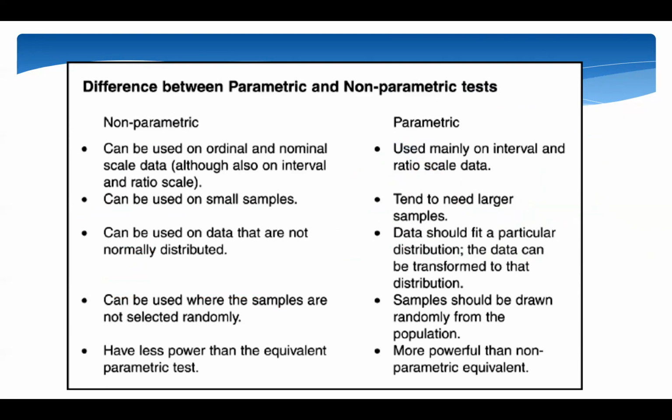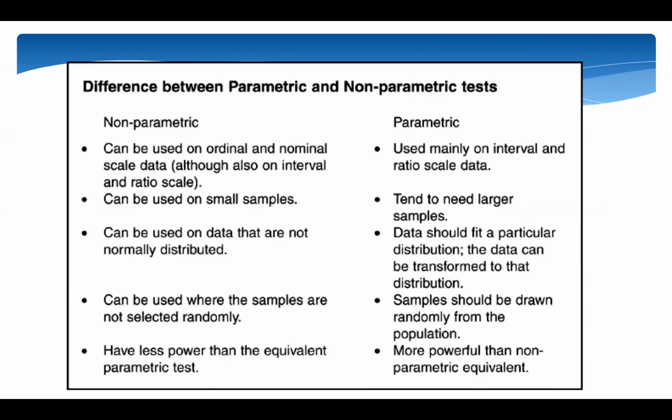But if we have data which is quantifiable and uses the interval or ratio scale, then we use a parametric test. If the number of samples is very large, then it makes sense to use a parametric test. But if the sample is small, we can still use a non-parametric test.